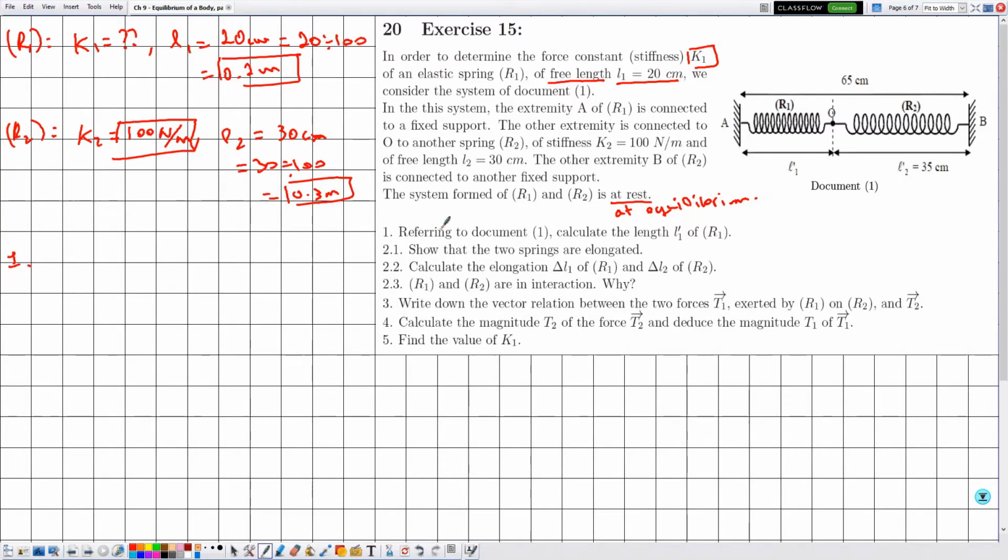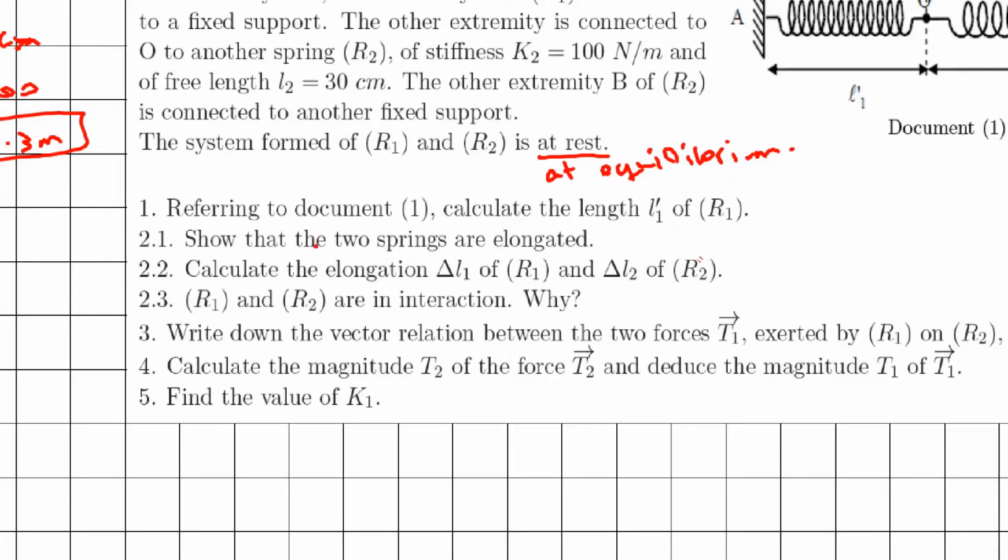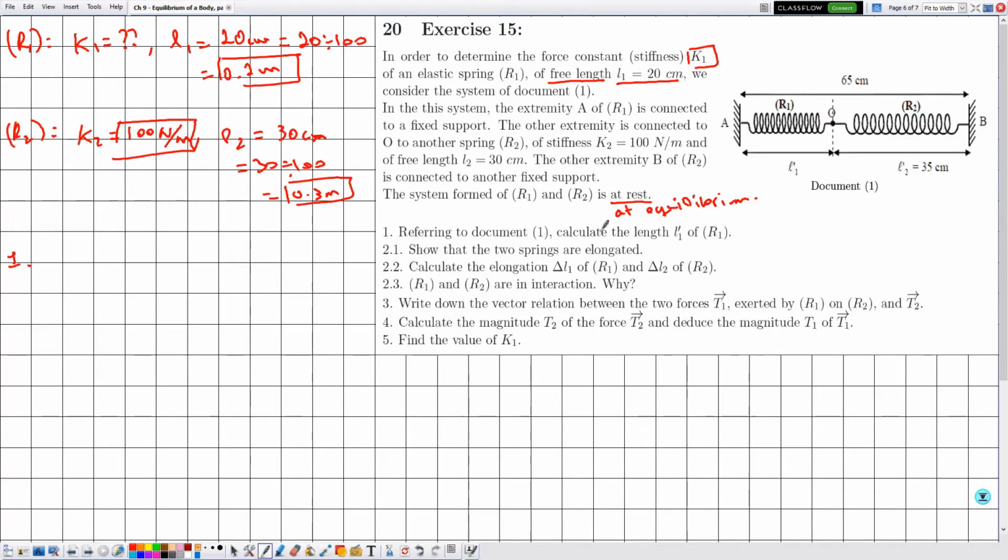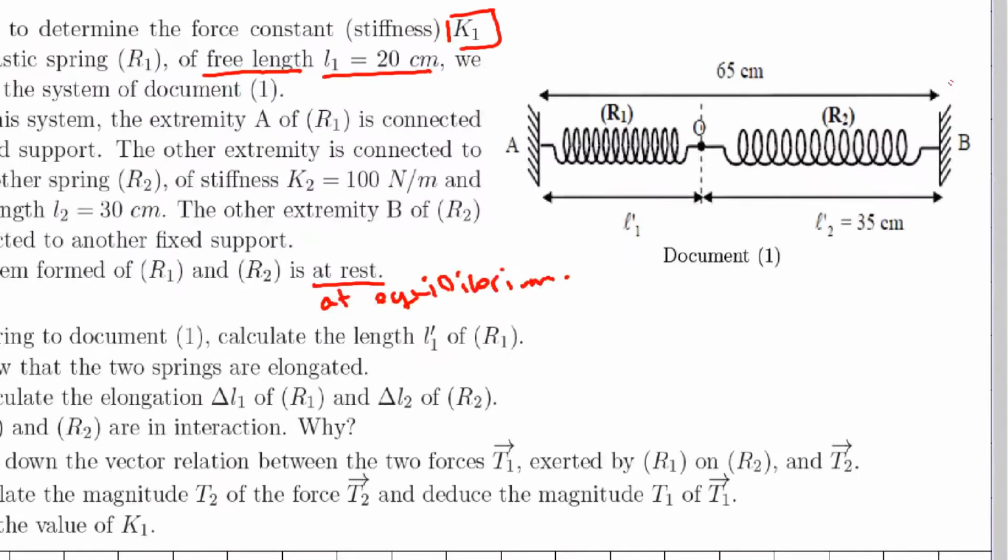Now in number 1 they are telling me, referring to document 1, calculate the length L1 prime of R1. So here this is very important that they are telling me referring to document 1. So no need to use any formula or any law. So simply we need to refer to the document. Now what does L1 prime represent? L1 prime is the length of the spring which is given by R1.